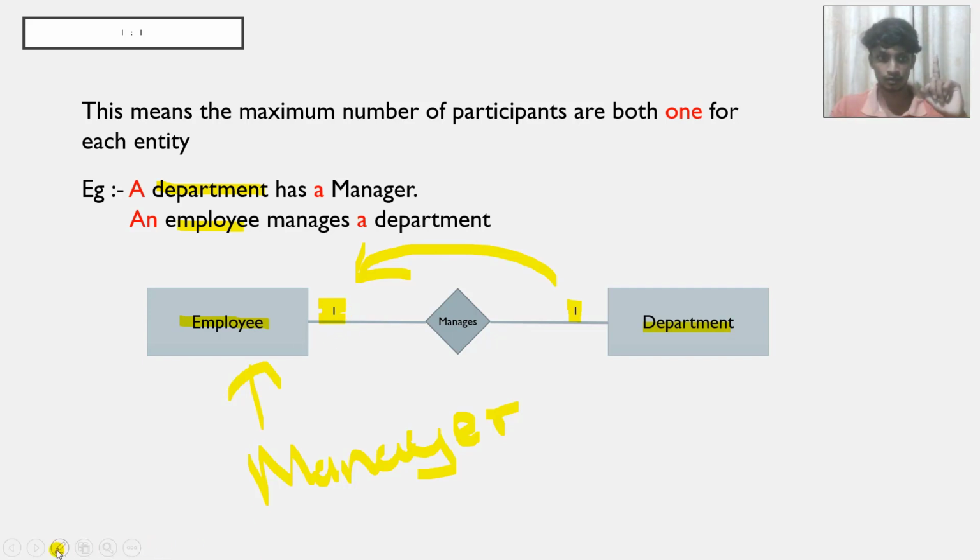If we go the other way, each manager manages only one department, because one manager can't manage two departments. Therefore, an employee manages a department, so this will be 1.